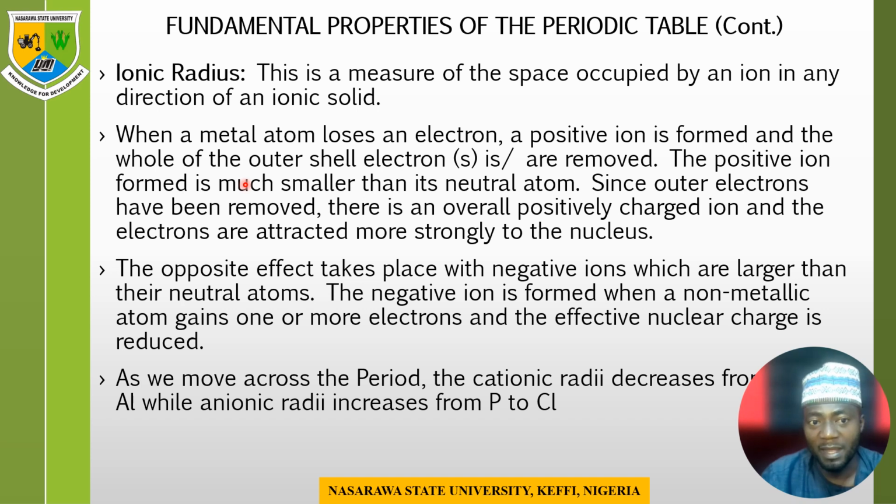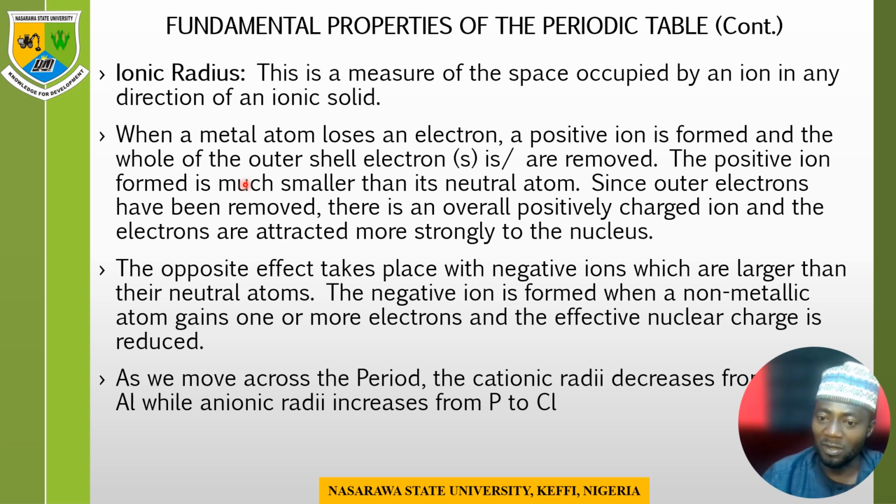There will be decrease in the ionic radius as we move from the first group, second group, and the third group across the period. But when we reach the non-metallic side, you discover they are gaining electrons instead. That is from group 5, 6, 7. They are gaining electrons.